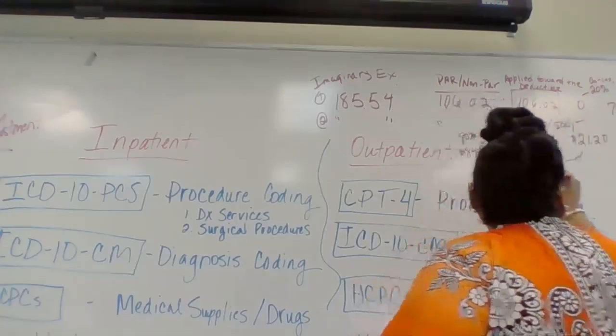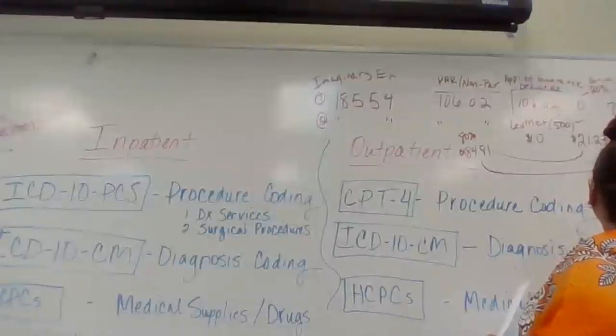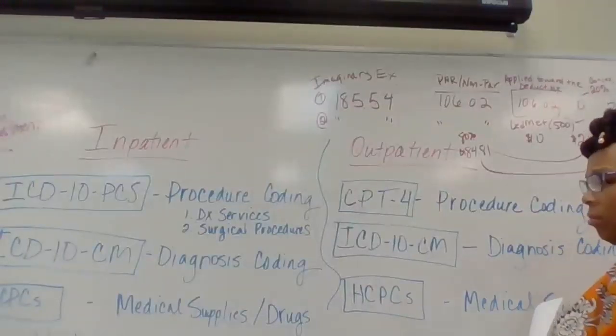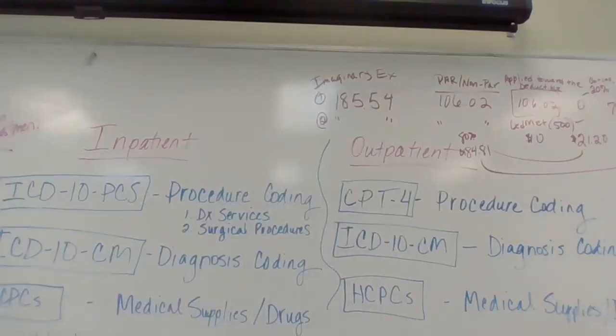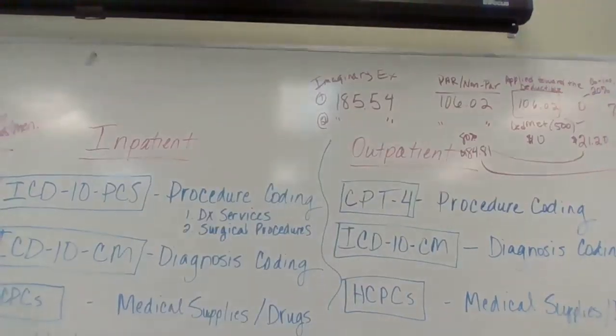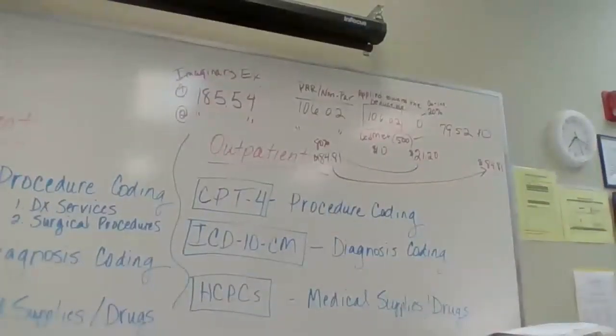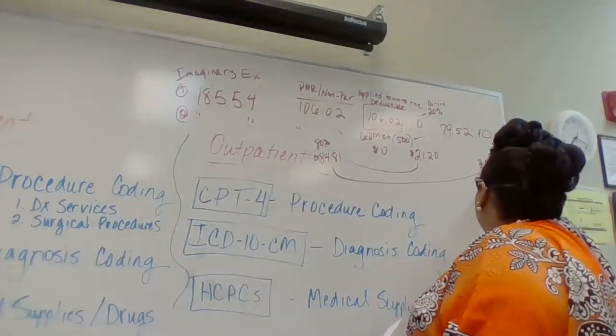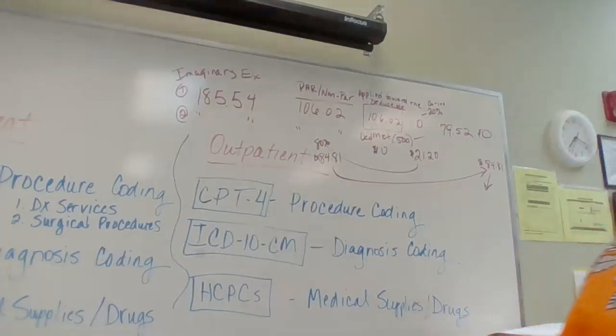That's going to go over here to the doctor. He's going to get paid $84.81. Does everybody understand that? He's going to get paid $84.81. Now, on this particular patient, what are you going to do with $84.81? What are you going to do with that?